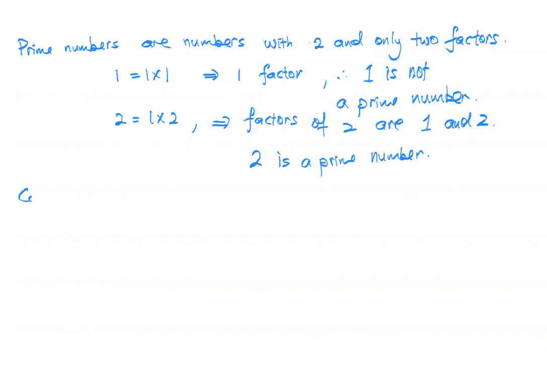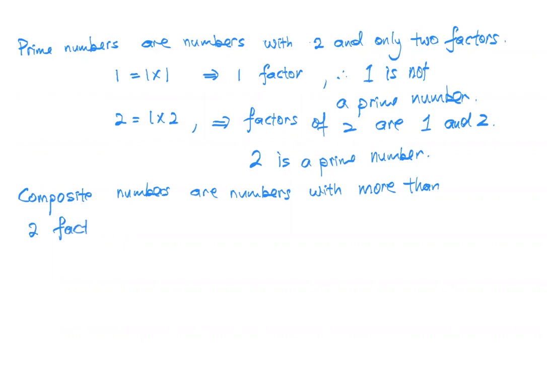Okay. Composite numbers are numbers with more than 2 factors. So I will say like that, all prime numbers are not composite numbers. Agree?